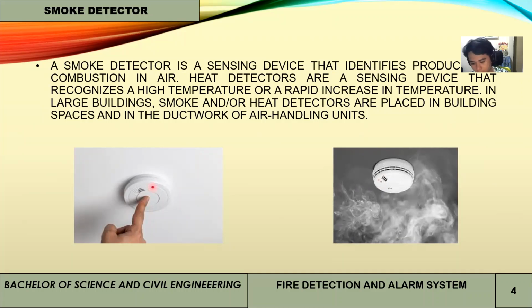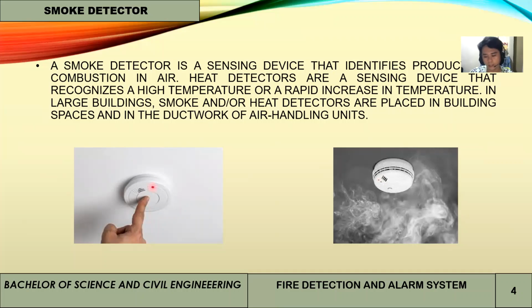So ang smoke detector daw kay mo na siyang sensor device naga-detect siya sa combustion products in the air. And then ang heat detectors are sensing devices naga-detect siya sa high temperature or a rapid temperature increase.